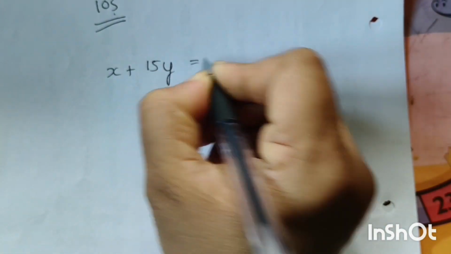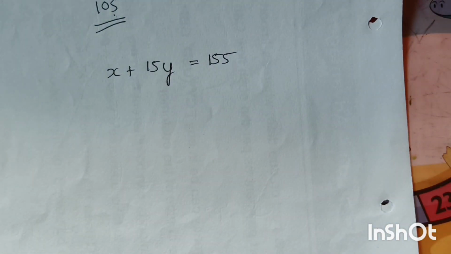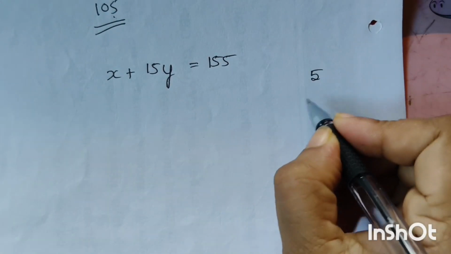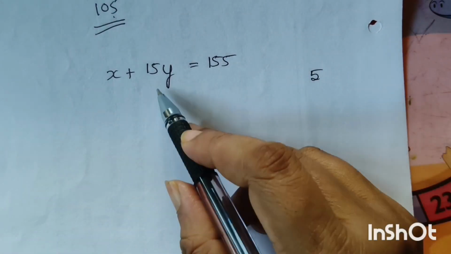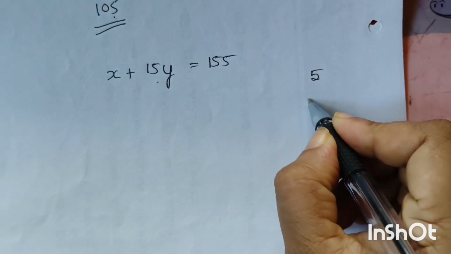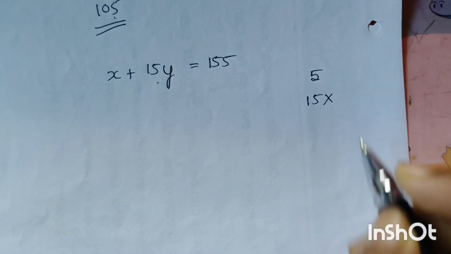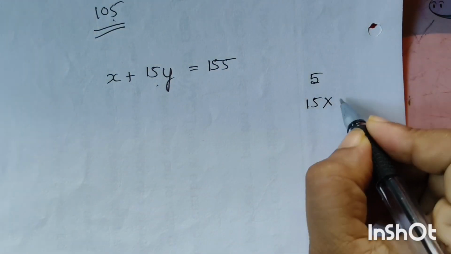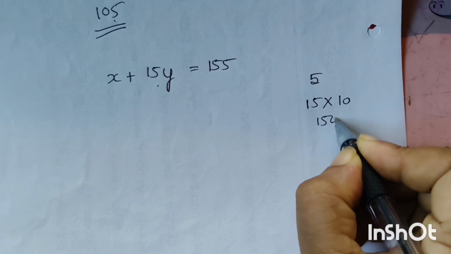So, here, x plus 15y is equal to 155. He has to pay a fixed price of 5 rupees. But how many kilometers will he travel? 15 kilometers. For 1 kilometer, 10 rupees. Right? Then for 15 kilometers, how much? 150 rupees.